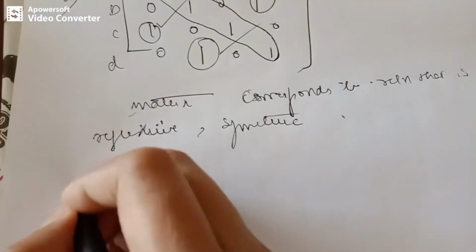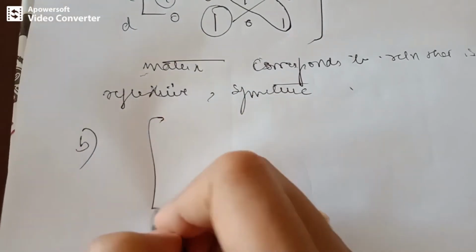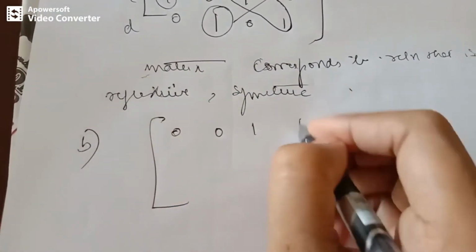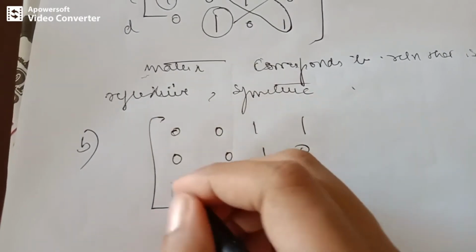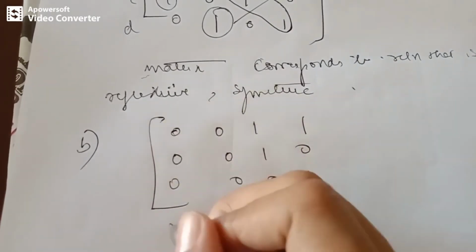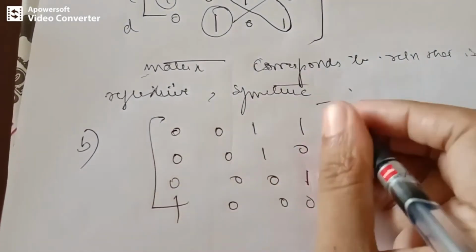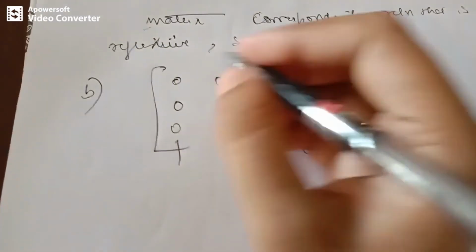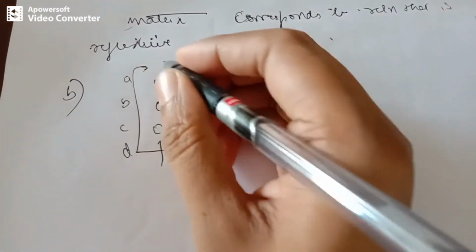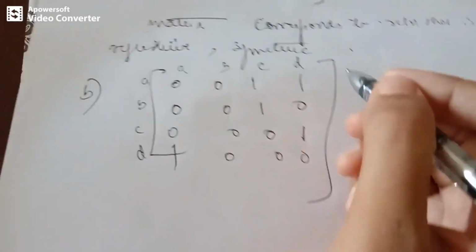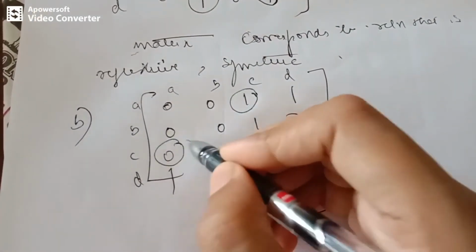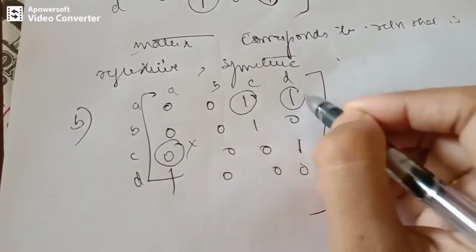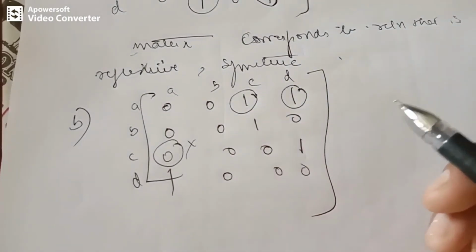Let's say you are given another problem closely related to the same: 0 0 1 1, 0 0 1 0, 0 0 0 1 and 1 0 0 0. So what can you say about the nature? Just observe. You can write some notations here. So here a comma c is 1. Do I have c comma a as 1? No. Here a comma d is 1. Do I have d comma a as 1?